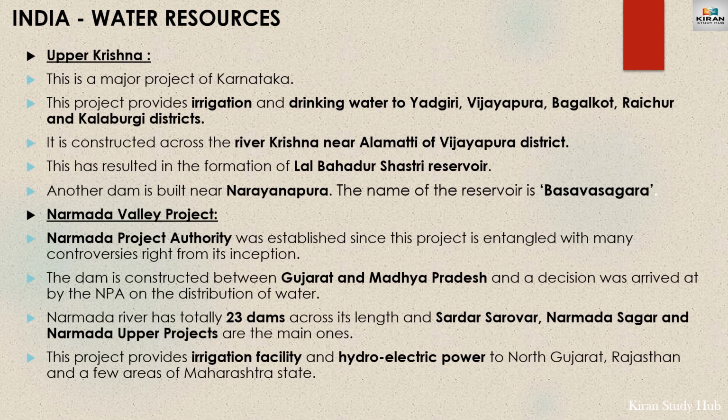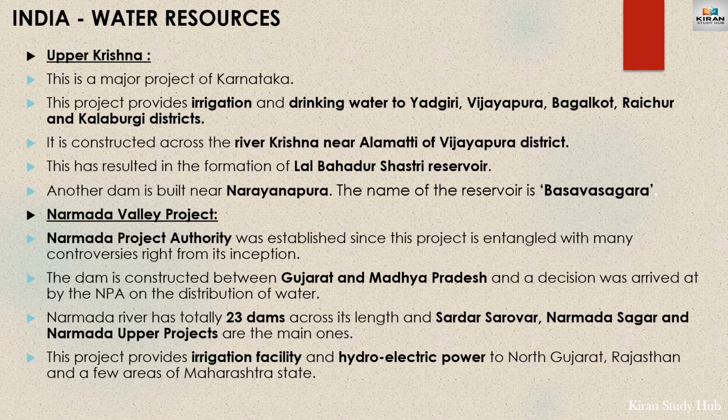Upper Krishna project. This project consists of two dams. One dam is built across the river Krishna near Alamatti of Vijayapura district. Another dam is built near Narayanpura of Yadgiri district. The Alamatti Dam creates the Lal Bahadur Shastri Reservoir.